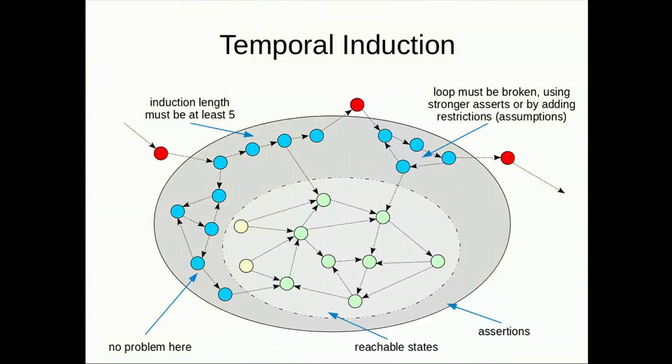Or it can mean, well, maybe everything is correct, but I just need a deeper induction proof. Maybe it doesn't work with 3 time steps. Maybe it only works with 20 or 100. Or maybe it doesn't work at all. And that's what we see in this picture here.